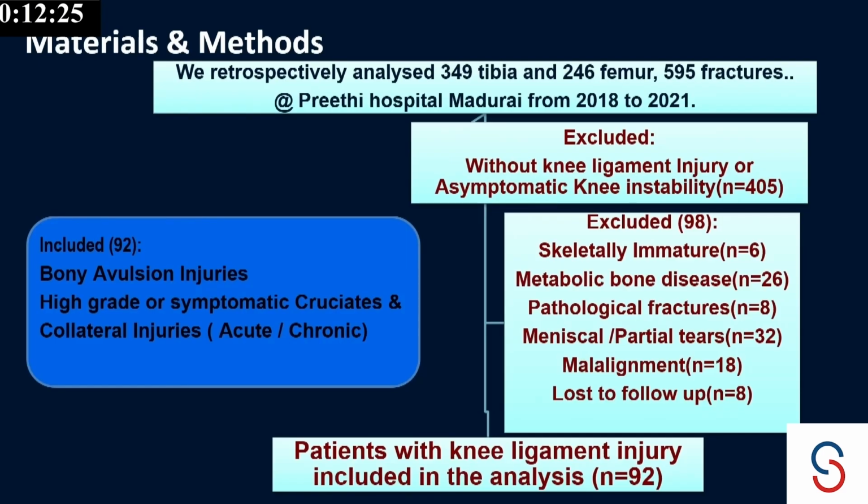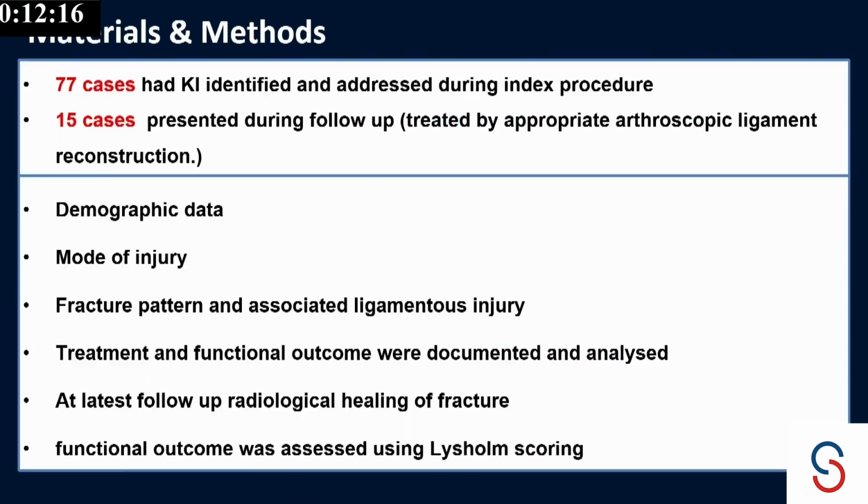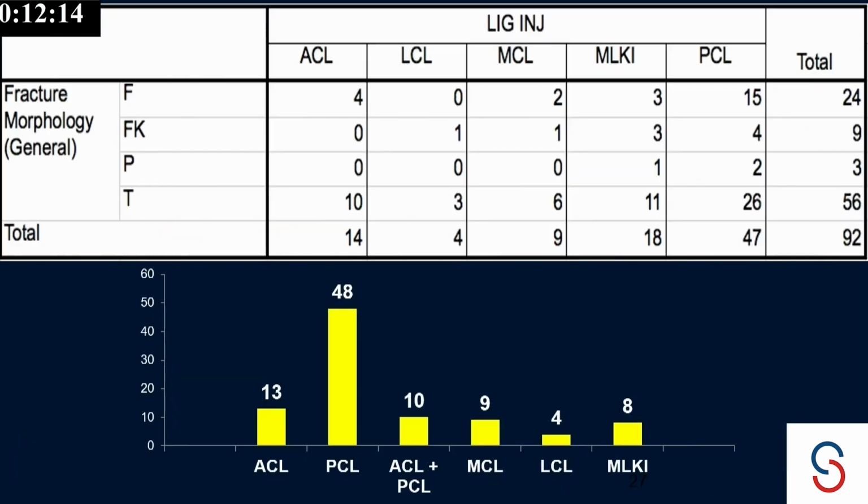This is one retrospective analysis we are doing, where we analyzed 595 cases of fractures around the knee joint, and we saw that there were 92 patients who had avulsion injuries, and this was the fracture pattern we had. The femur fractures had 24 patients with instability. It is most of the time the proximal tibia which is associated with these ligament injuries.